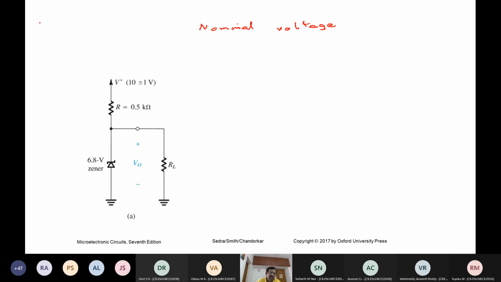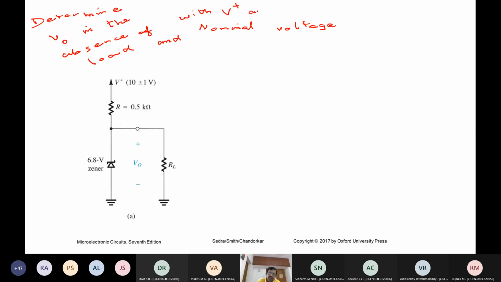The first question is: determine V naught, the output voltage, in the absence of load and with V plus, that is the input voltage, at its nominal value.